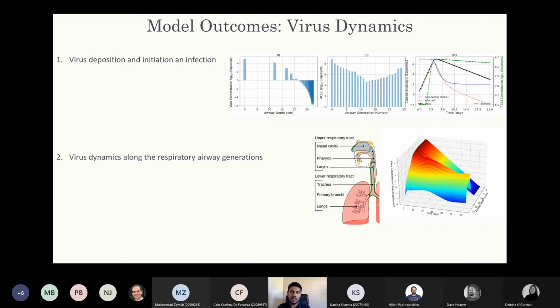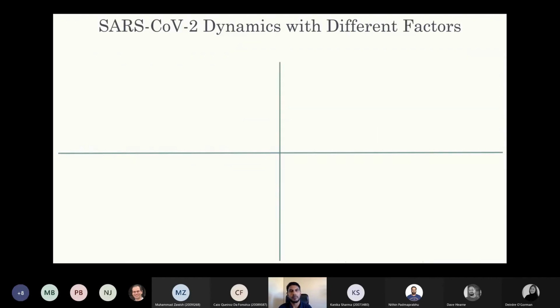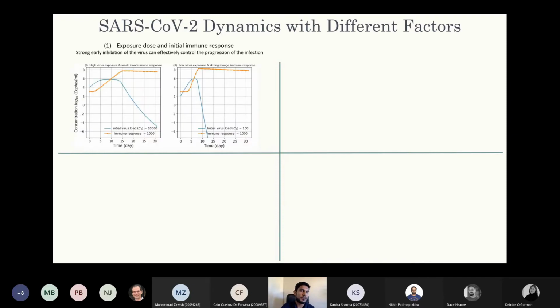However, this virus dynamic can vary from person to person depending on different factors. So to get an idea about that, we also studied how different factors could impact the dynamics of virus along the respiratory tract.